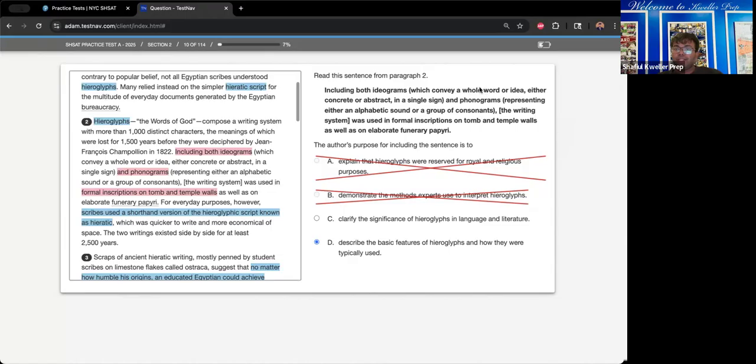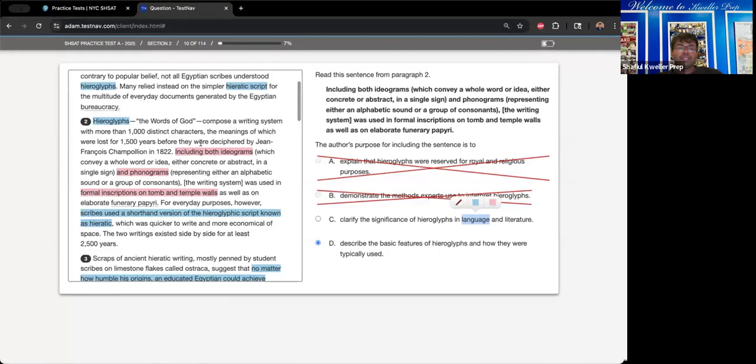Someone said, what do you mean by it's not specific enough? Clarify the significance of hieroglyphs in language. This is so broad, right? Because where is the significance of language? D specifies the basic features of hieroglyphs. So the actual features are the ideograms and phonograms. For the significance of the language, they should be more specifically telling us what words made up the language and why they were used.